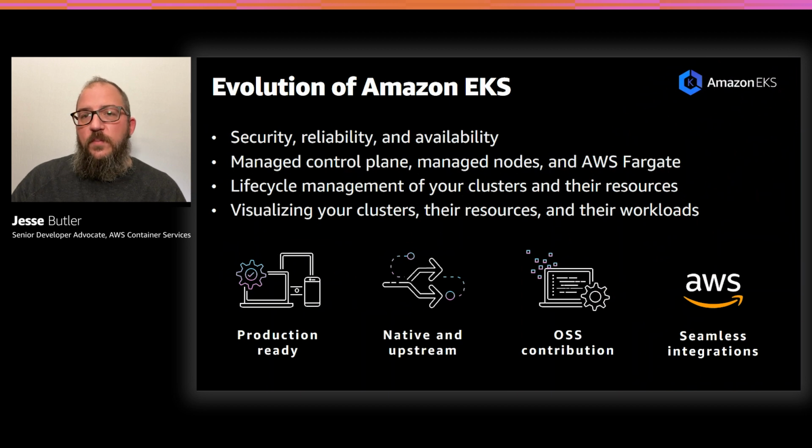And we moved from a managed control plane, which offered all of these things, and removing the undifferentiated heavy lifting of creating clusters and managing their life cycles, we pushed the management and the lifecycle management features of the service into the data plane with managed node groups and with Fargate integration.